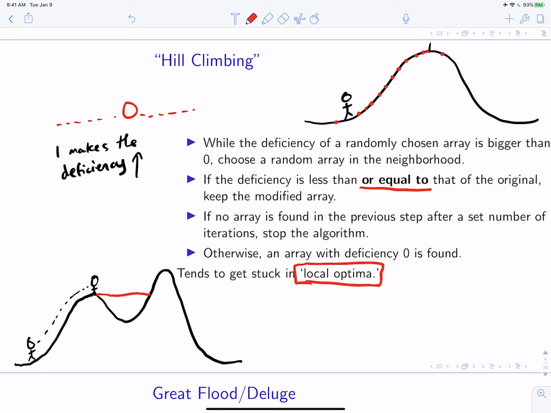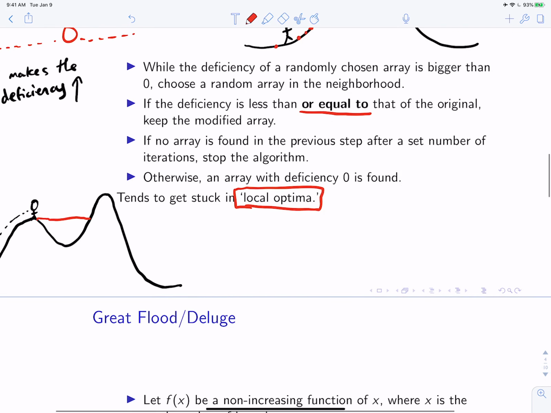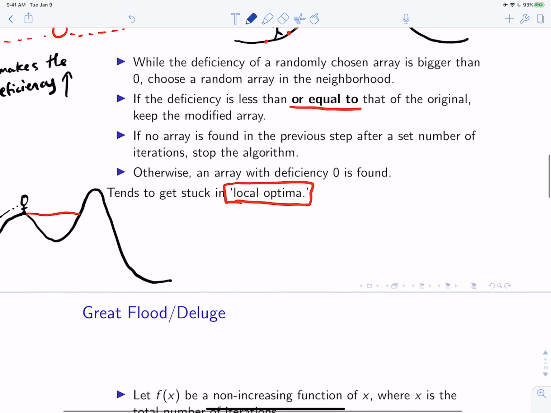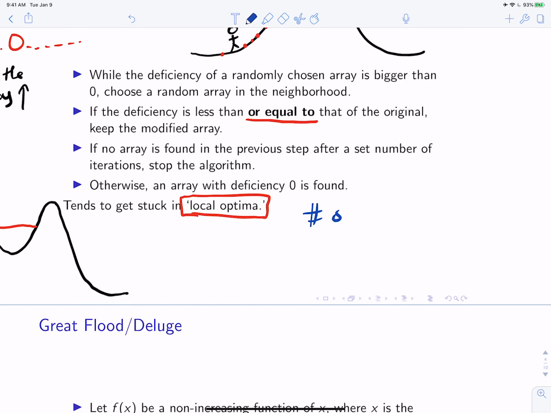Now, the problem is how many iterations are you going to put in? That's obviously going to depend on the array that you pick. The usual way that people do this is they set the number of iterations before quitting to be n times k times v. That's usually how it's done. And why do I say n times k times v?